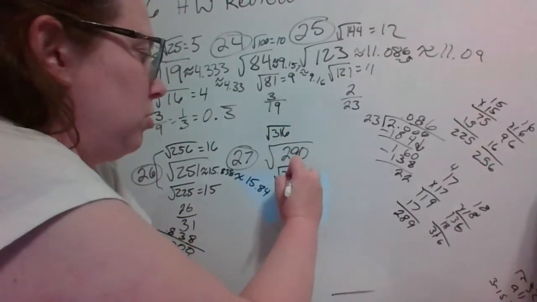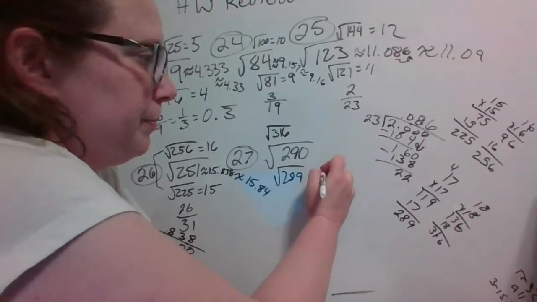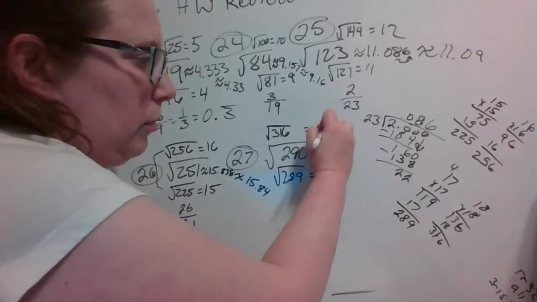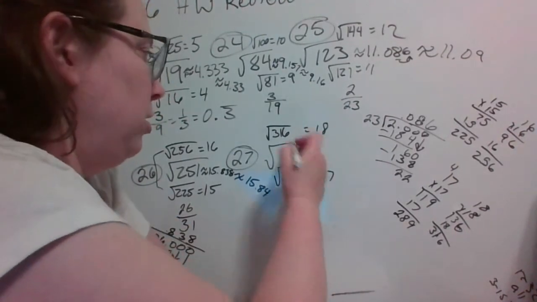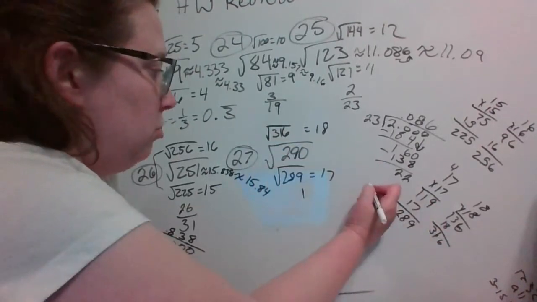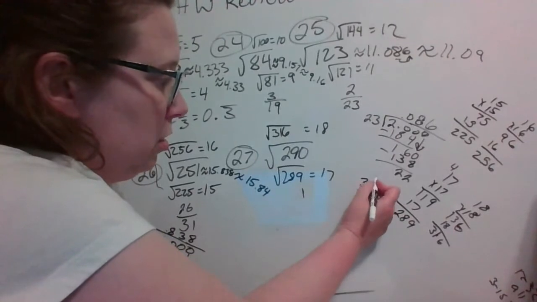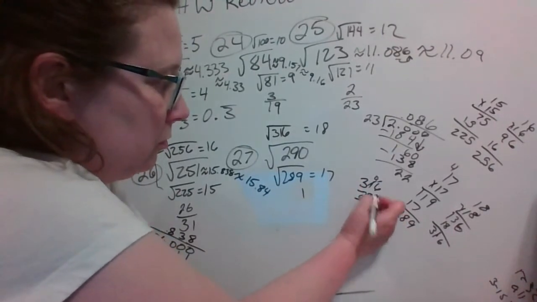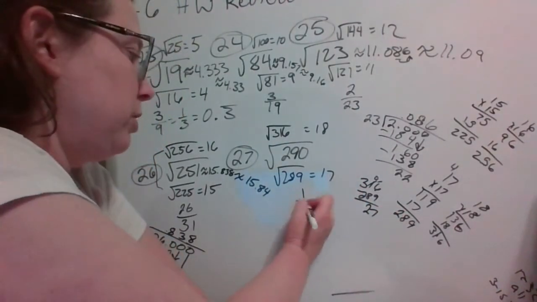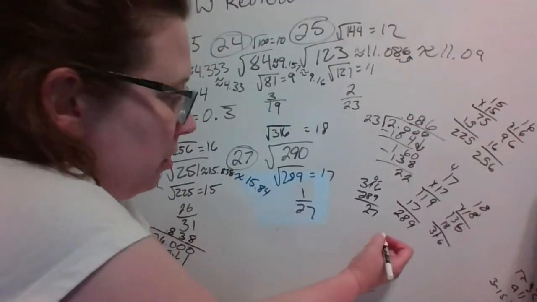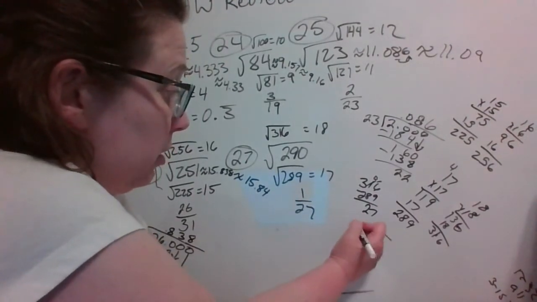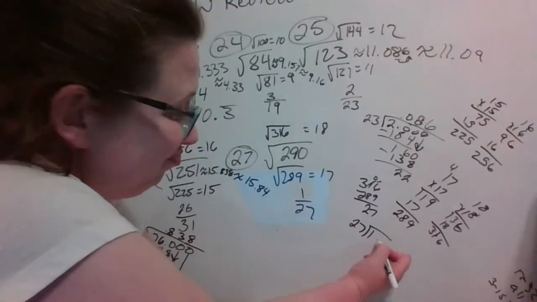Look how close 289 is here. So these are 1 apart, and these are 316 minus 289 apart, 27. So then I have to figure out what's 1 divided by 27.